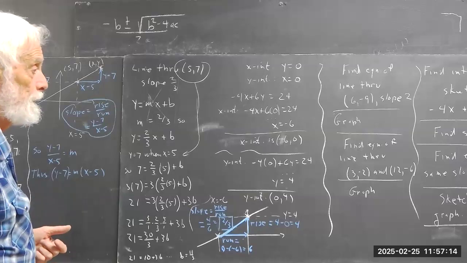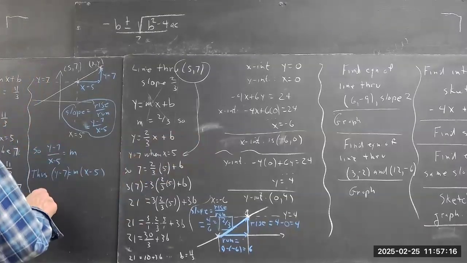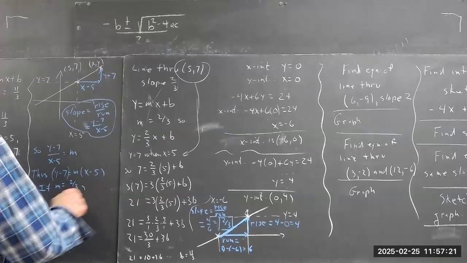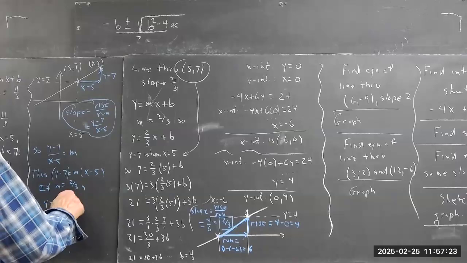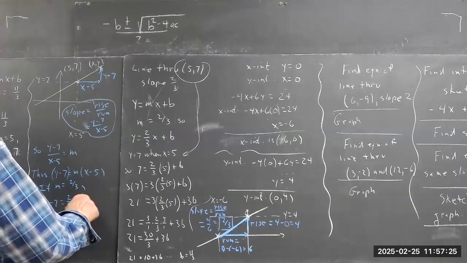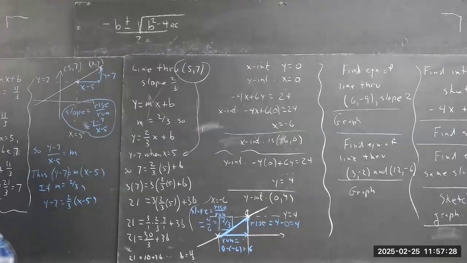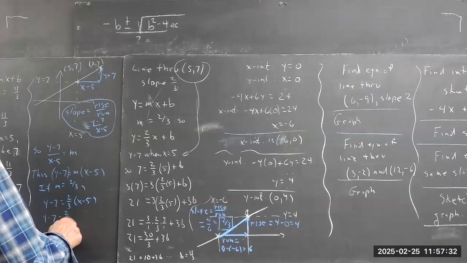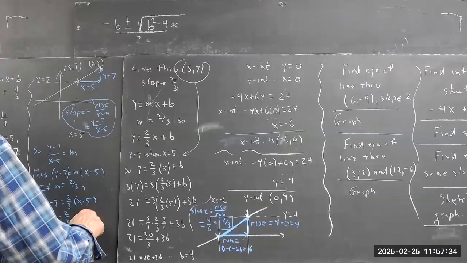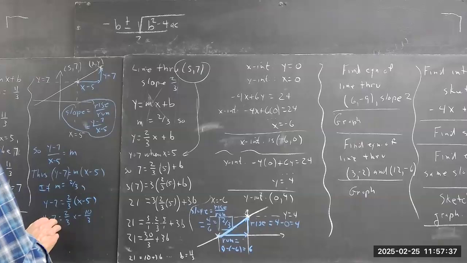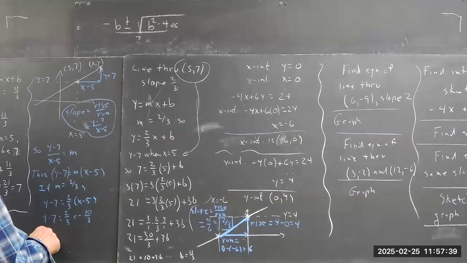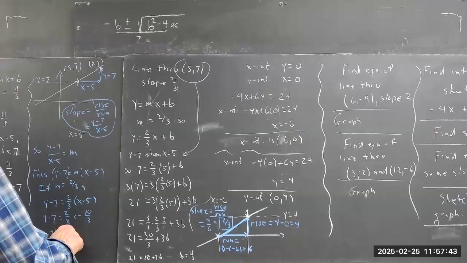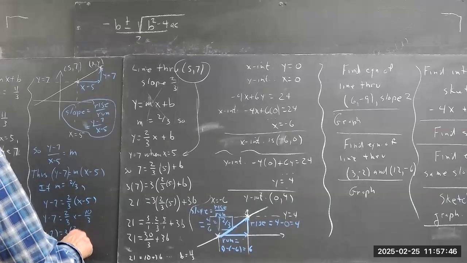In this case, the slope is 2/3. Again, we multiply both sides by 3 to get rid of the denominators, so we don't have to worry about fractions.